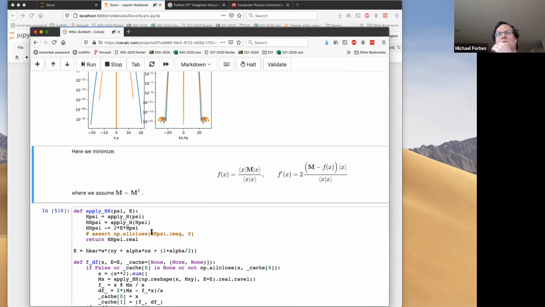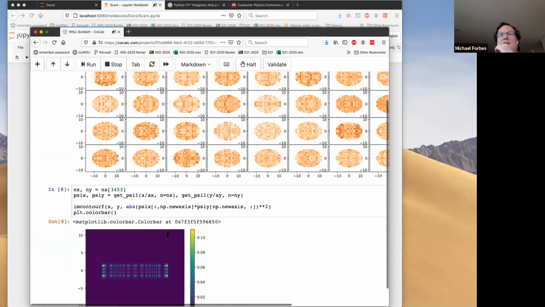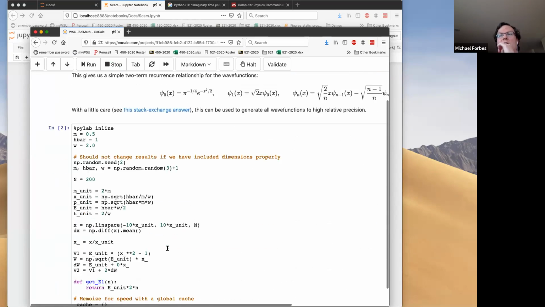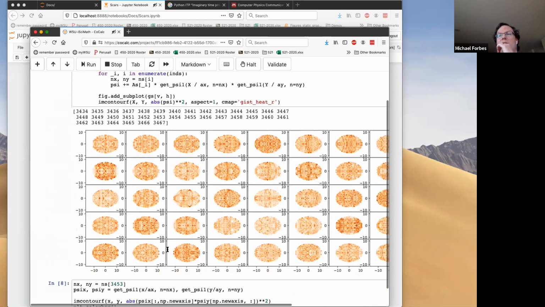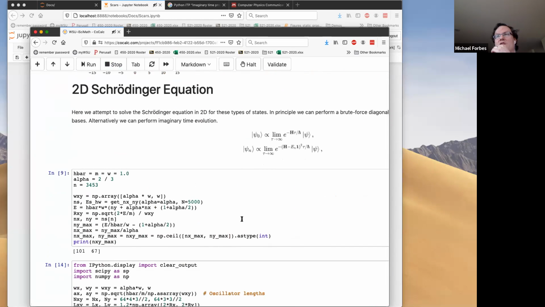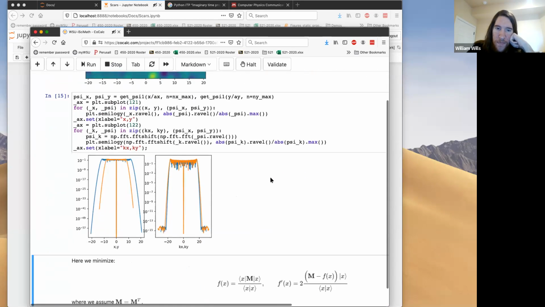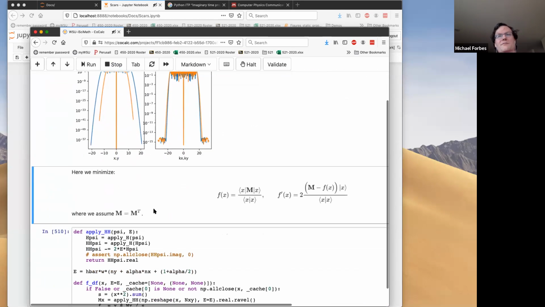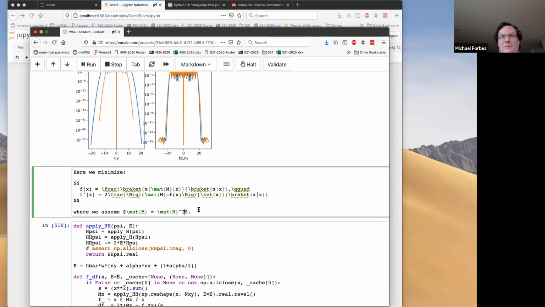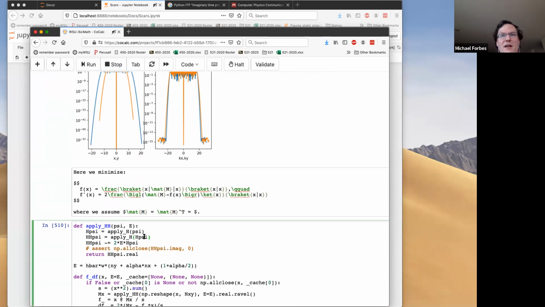What is M here? M is probably H squared minus 2EH. But let's see, I have to figure it out. I apply H and then I apply H again.